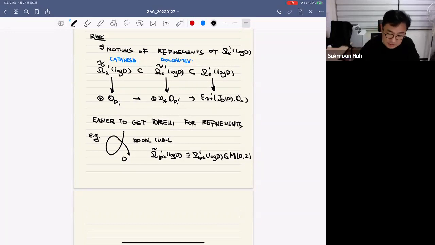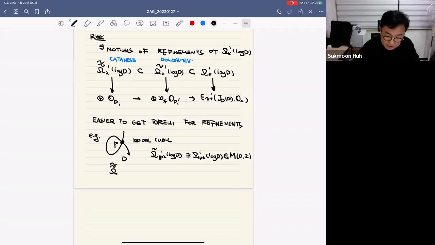But if you consider Catanese's logarithmic sheaf, we still don't get Torelli. We still get a negative answer to the Torelli question, but it has the information about this singular point. Right. So the logarithmic sheaves by Dolgachev and Deligne are locally free in this case, but Catanese's one is not locally free.